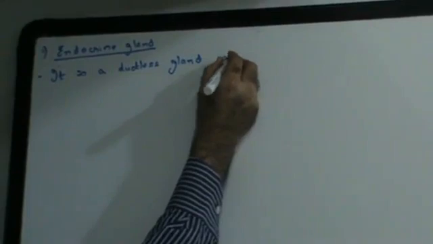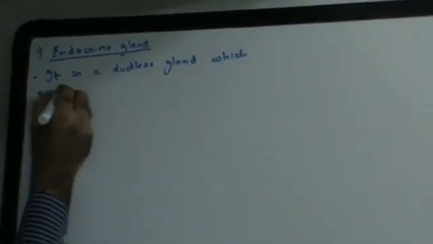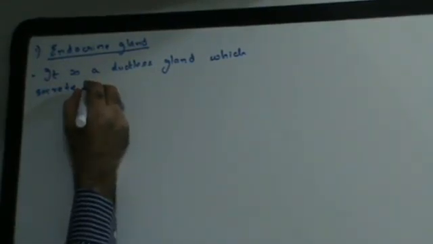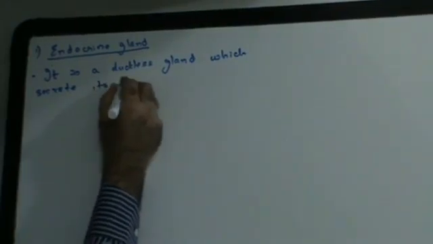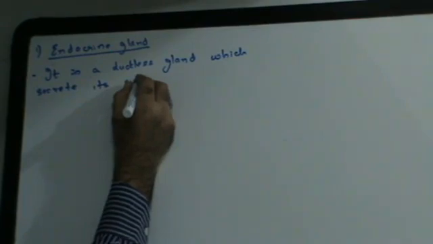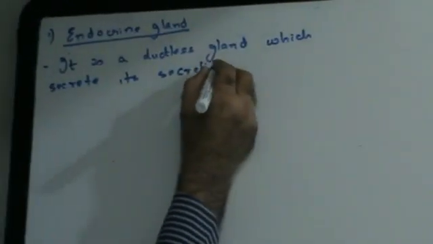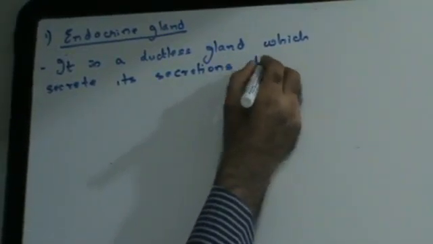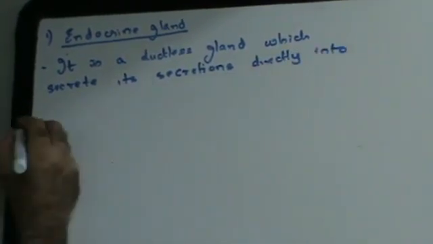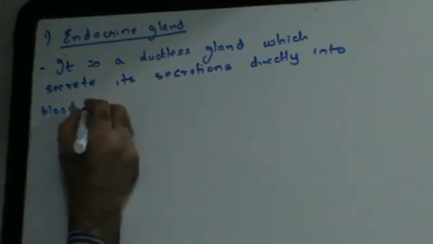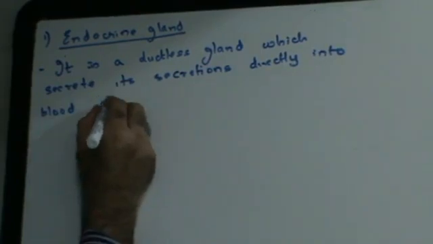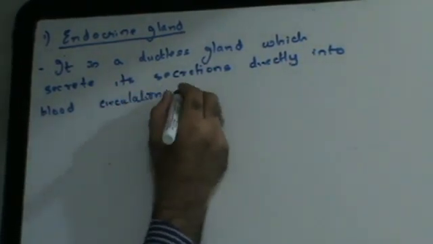What is an endocrine gland? It is a ductless gland which secretes its secretions directly into the blood circulation to reach the target organ.